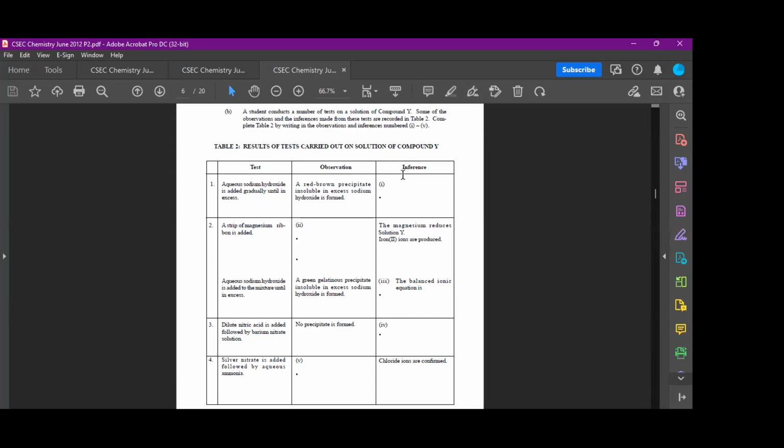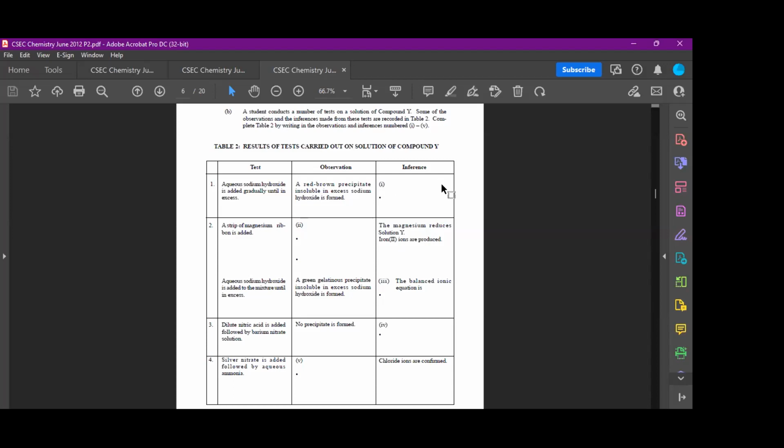Iron. There are some typical ways that you write the inference. So, inference is always either a substance is possibly present, it is confirmed to be present, or it is present alongside other substances. So for this, you have to tell whether or not it is present, if something is possibly present, or if it is present with other substances.